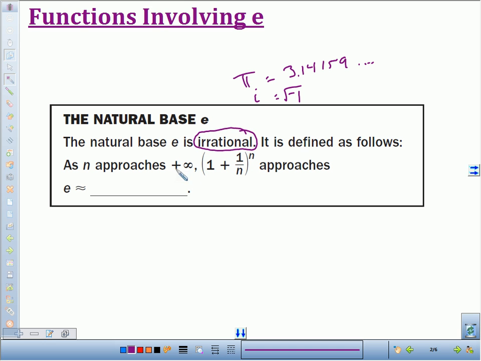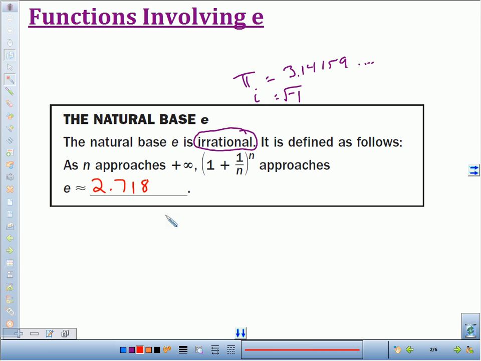Now, as n approaches positive infinity, in other words, as n gets bigger and bigger, when n is 3, when n is 5, when n is 100, when n is 1,000,000, when n is 2,000,000, when n is 1,000,000,000, in this function, e, the letter, gets closer and closer and closer to about 2.718.